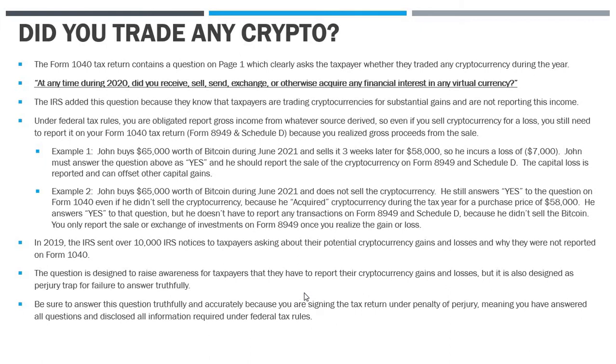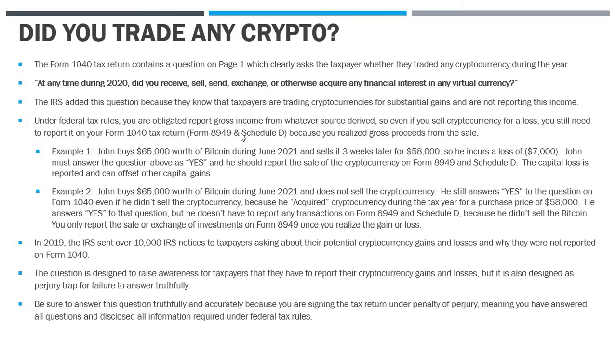Because what they're asking is you have to answer this question, yes or no. If you say no, and you did in fact trade in any cryptocurrency, acquire it, and notice it's receive as well. So let's say if you received cryptocurrency as a gift, so if I gift money to my brother, for example, that's not taxable income to him because it's a gift.